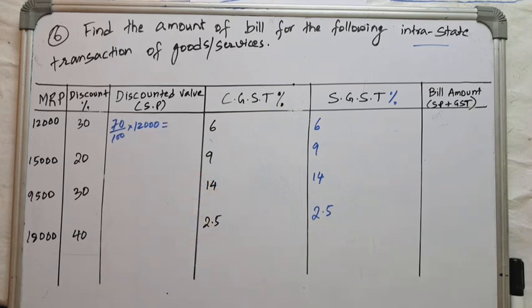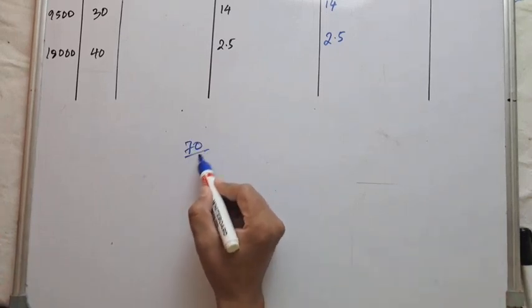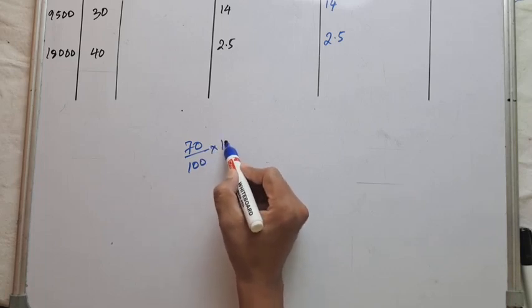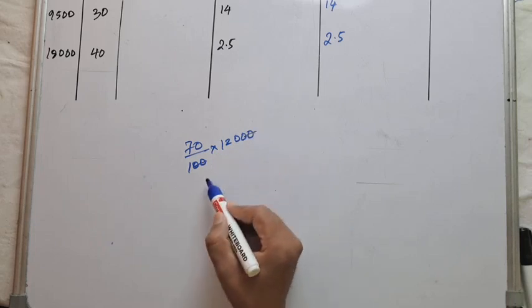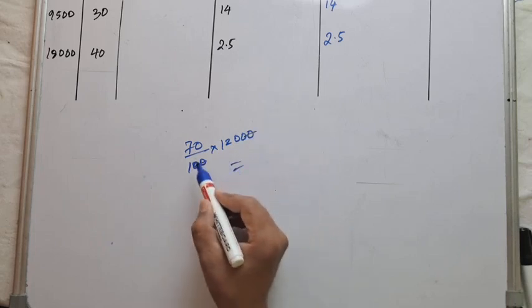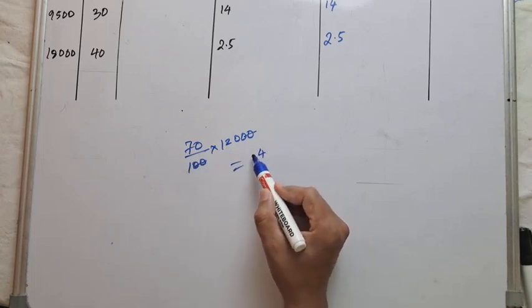So let's cancel this. 70% of 12,000. Two zeros cancel out. So this will give us 7 2s are 14, 7 1s are 7, plus 1 is 8.